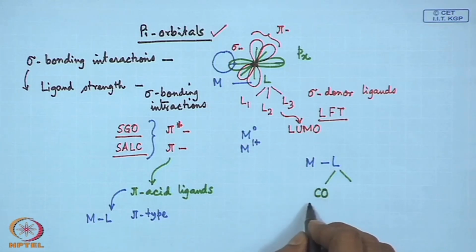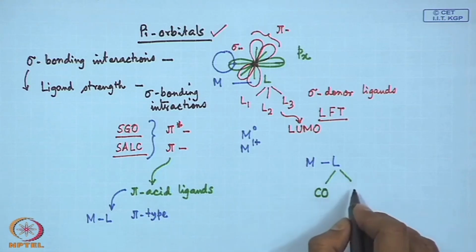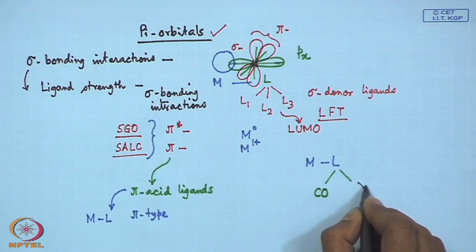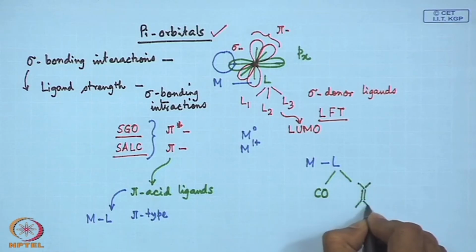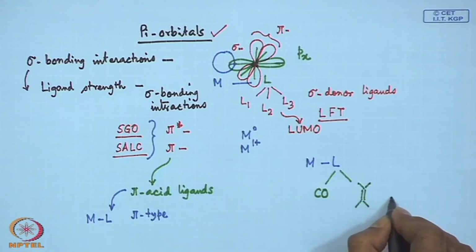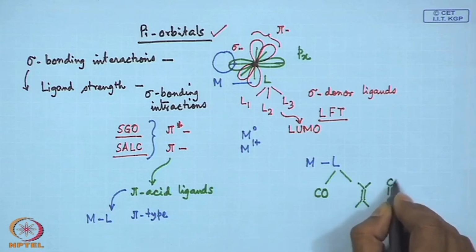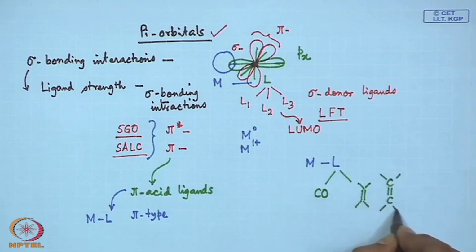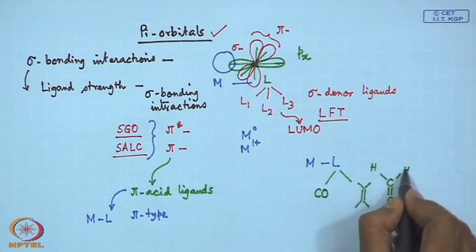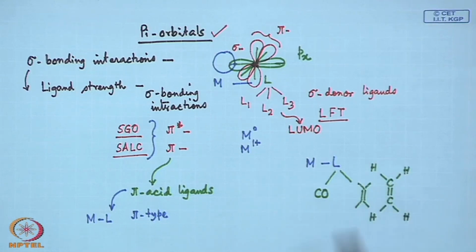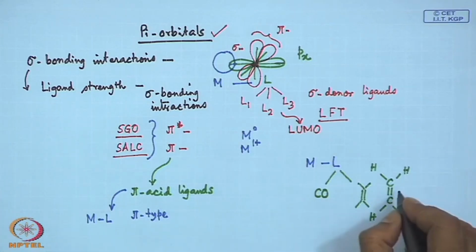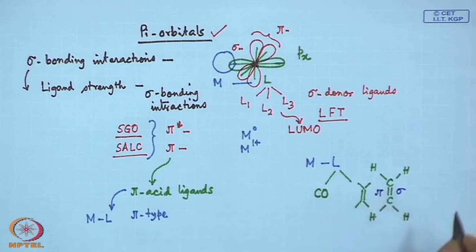So, it is not only the sigma interaction that can give rise to the strength of enormous magnitude for this carbon monoxide molecule. Similarly, we can have the simple acetylene molecule, with the carbon-carbon bond and the hydrogen atoms attached to these two carbon atoms. For the CC bond we already know we have the sigma bond and the pi bond.